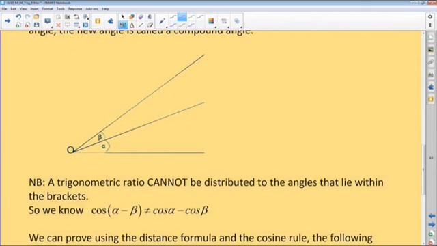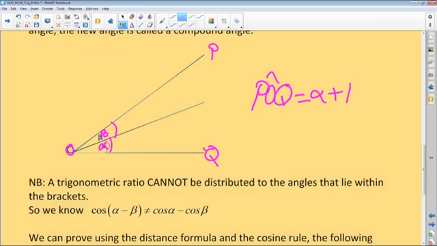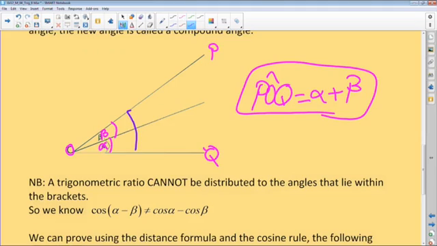So for example, if I call this P and Q, and we see that that's labeled O, and you've got angle alpha there and beta there, then the sum of the two, so angle POQ, will be equal to alpha plus beta, and that would be your compound angle. So angle POQ would be an example of a compound angle because it is the sum of two other angles.